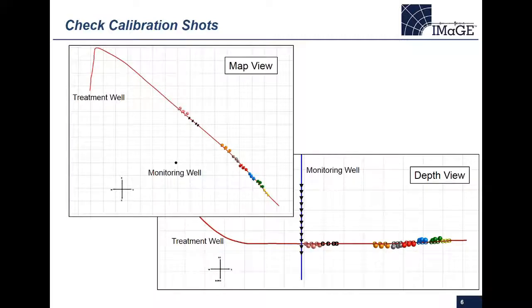So one of the major tools for QCing is to look at any calibration shots you have. Whether that's perforation shots, ball seats, string shots, anything that's downhole near the formation of treatment, you want to make sure that these events are locating near their actual locations. In this example, you can see perforation shots from 6 stages of one treatment well.